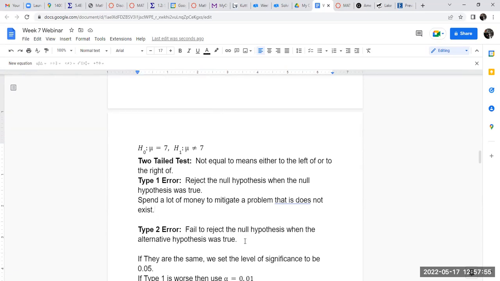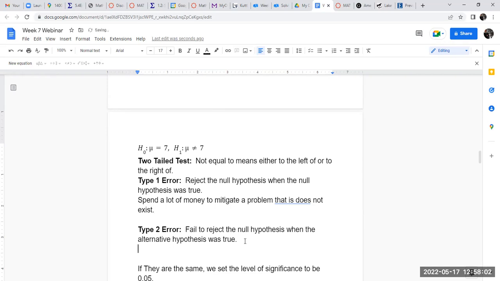Okay, now let's go to the type 2 error. Type 2 error, you fail to reject the null hypothesis when the alternative hypothesis is true. So what is that? That's really bad. What's going to happen? What are the ramifications? There'd be acidic or basic water flowing into Lake Tahoe and nobody would do anything about it. Exactly. We have acidic or basic water flowing in Lake Tahoe. Basic's bad, by the way.